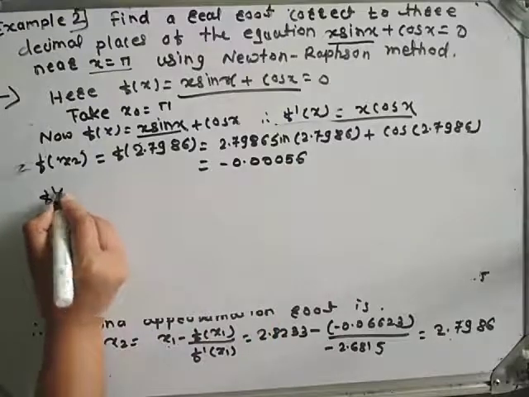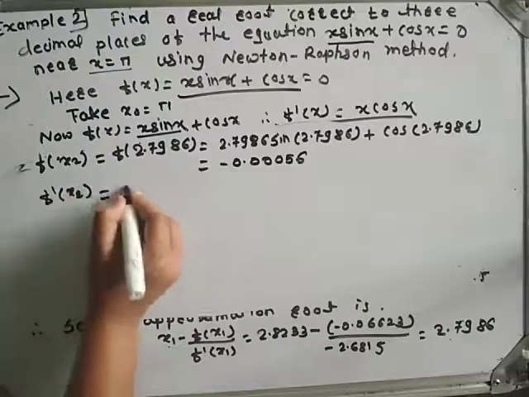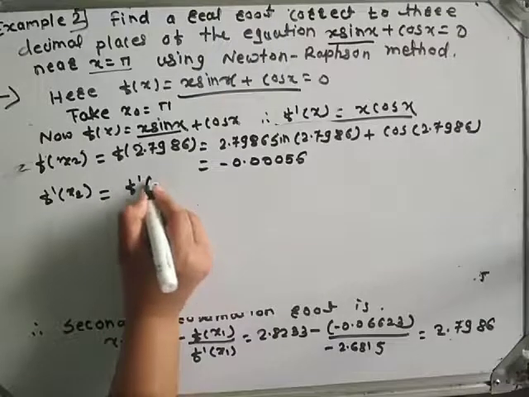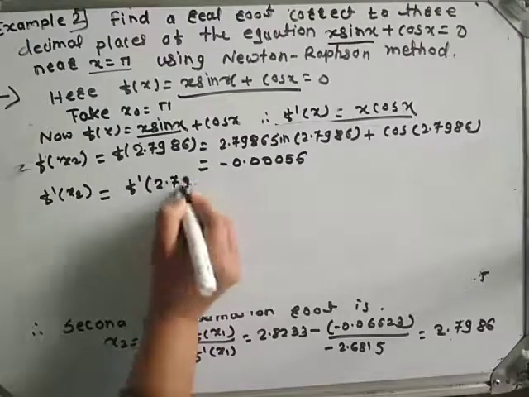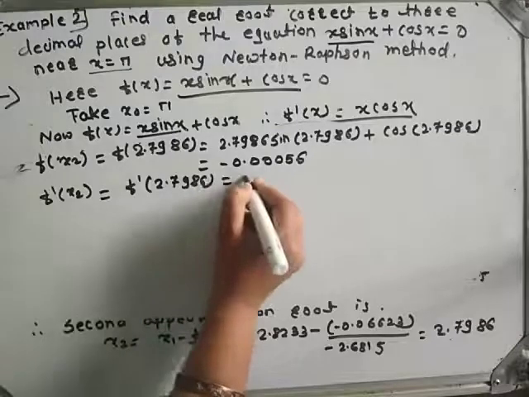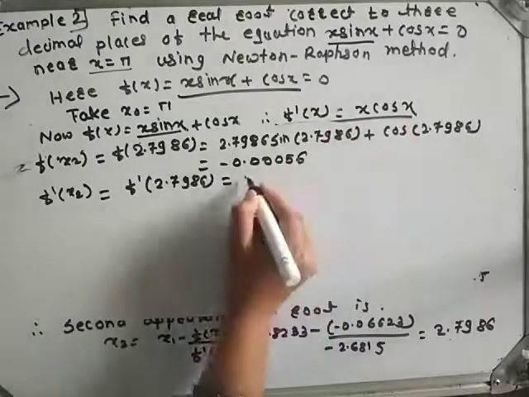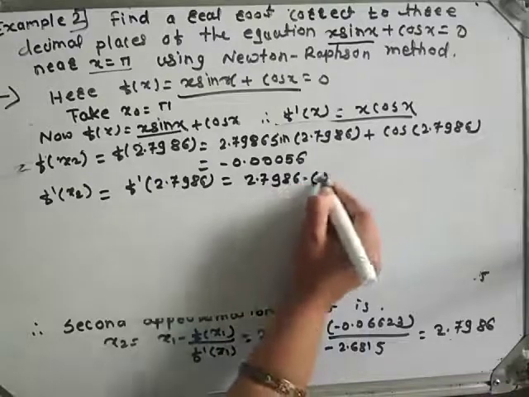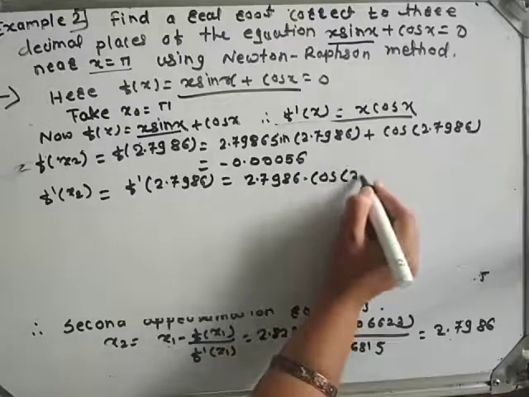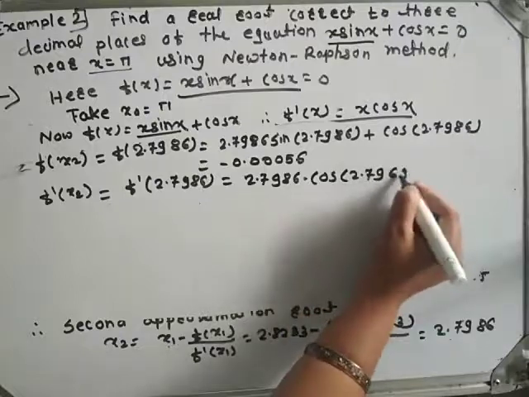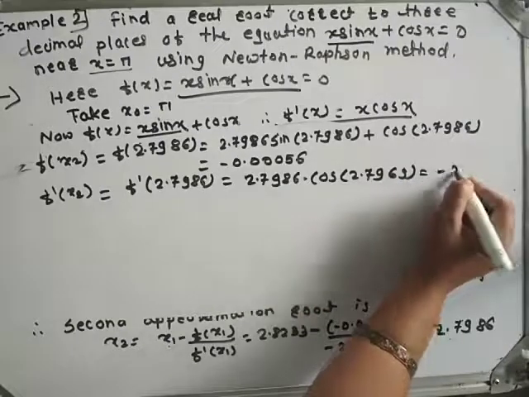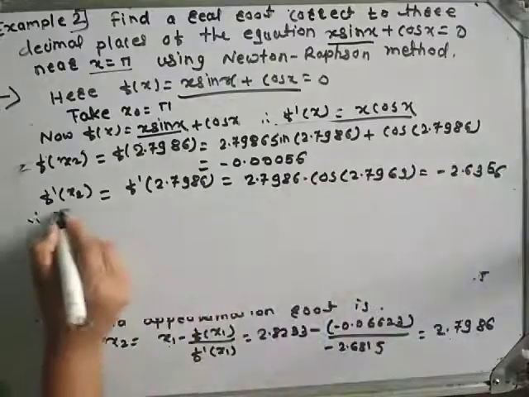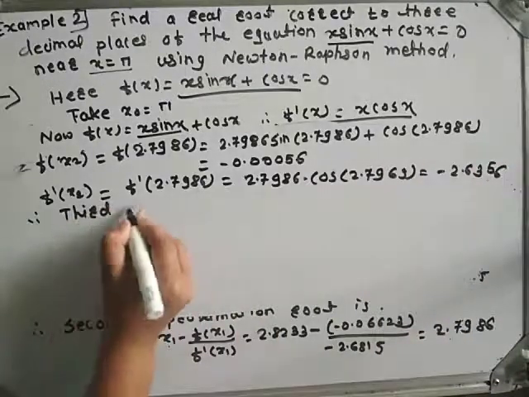Now we have to calculate f dash of x2, which is equals to f dash of 2.7986, which is equals to 2.7986 into cos of 2.7986, which is equals to minus 2.6356.